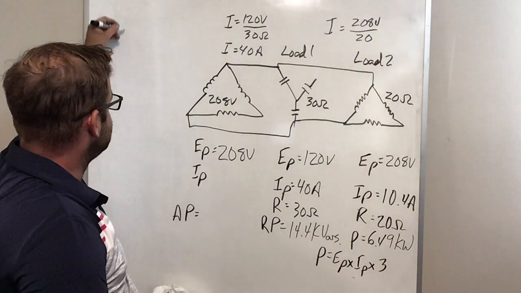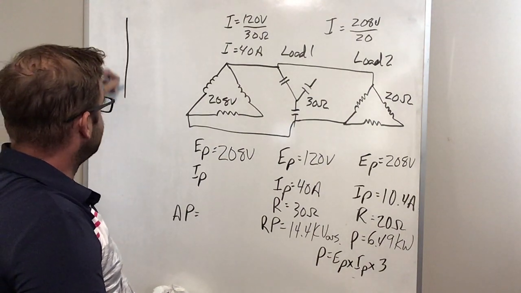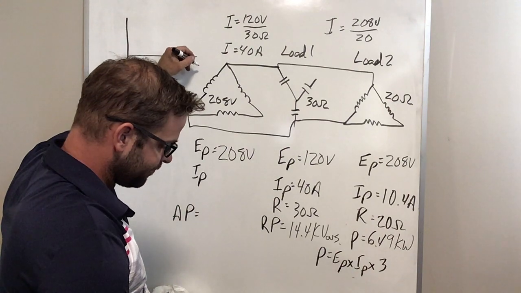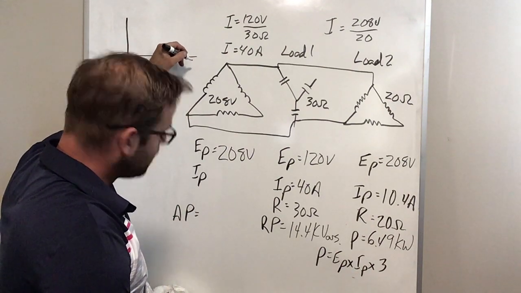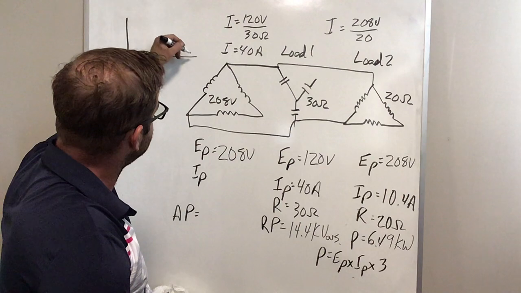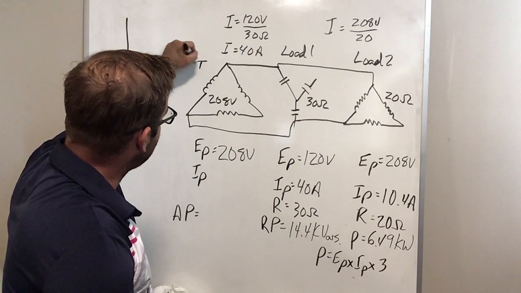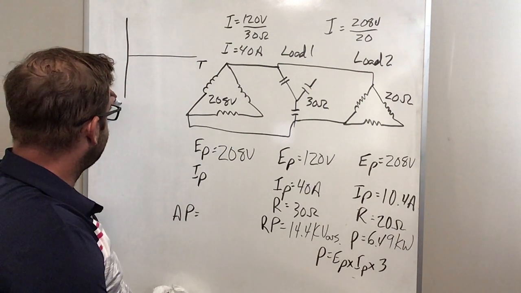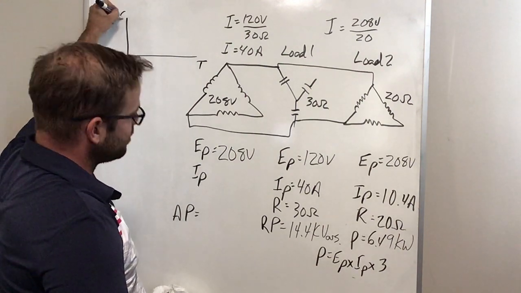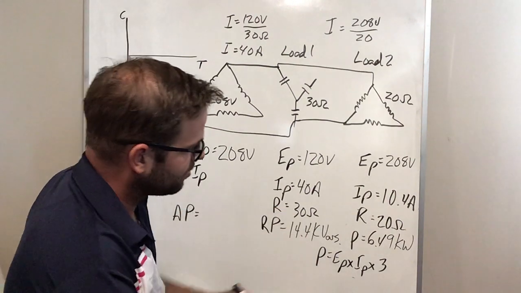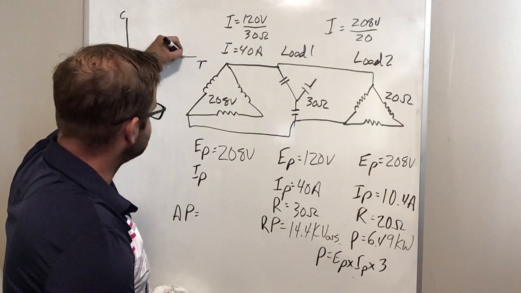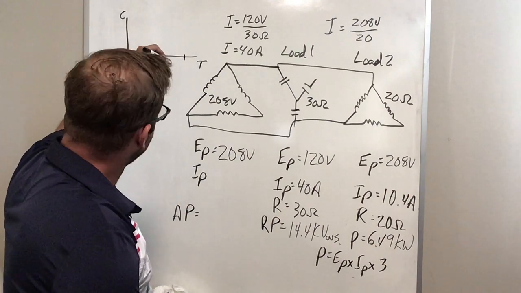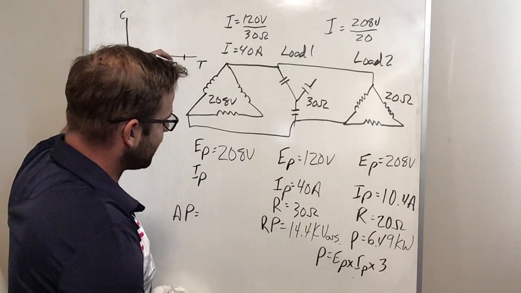We actually do need to fully plot them out, and we know that when we look at power, this is our true power here, this is our inductive power down here, this is our capacitive power. So our resistive power is 6.49 kilowatts.